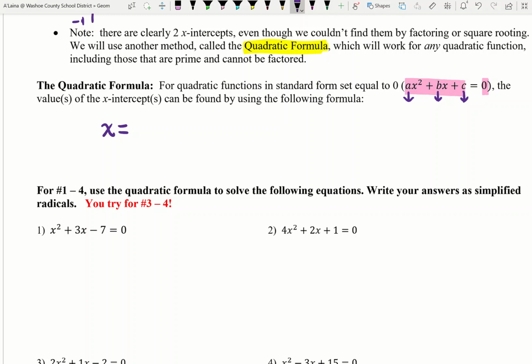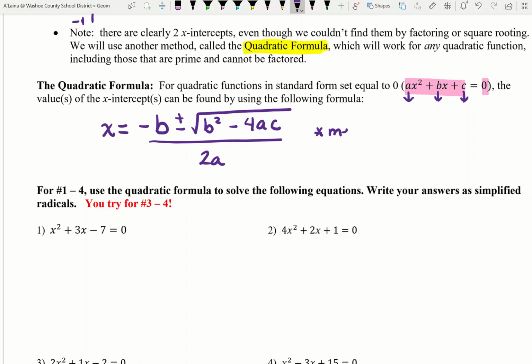So the formula is x can be found by doing negative b, or the opposite of b, plus or minus, which we'll come back to, the square root of b squared minus 4ac, all over 2a. This is one that often people memorize.